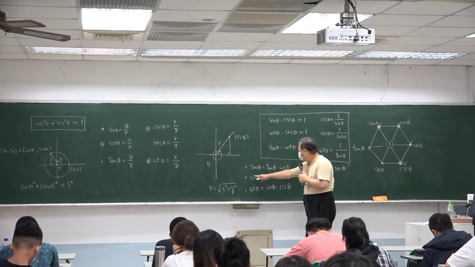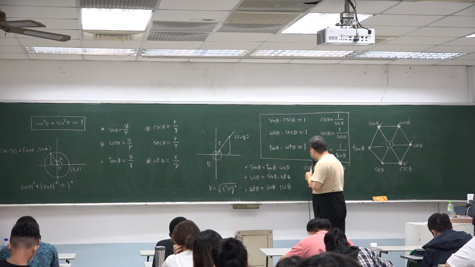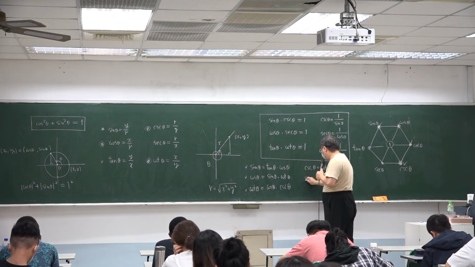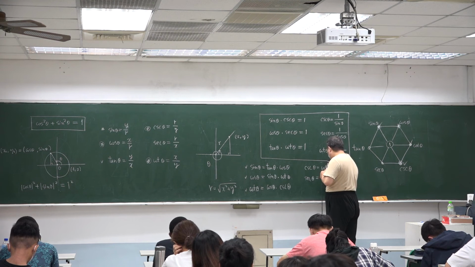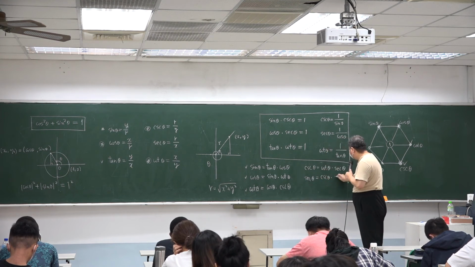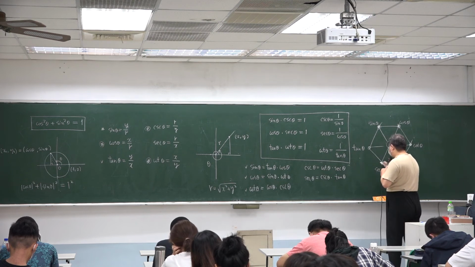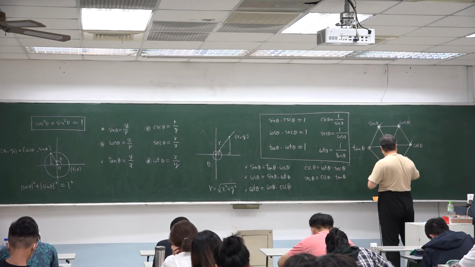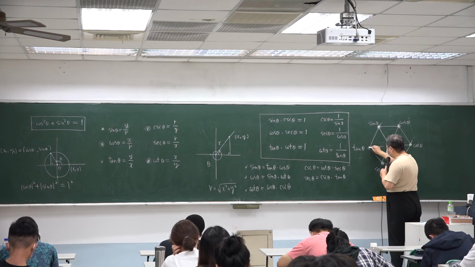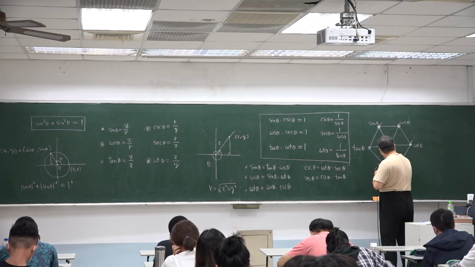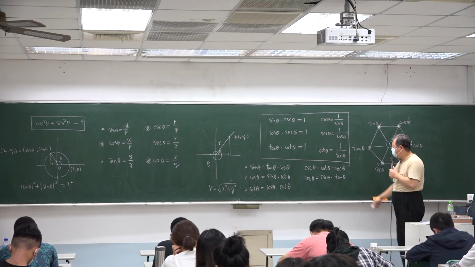Then the reciprocal one, we have secant theta equals cosecant theta times tangent theta. This one is the product of cosecant and tangent. Oh, yes. So this one is also obtained.